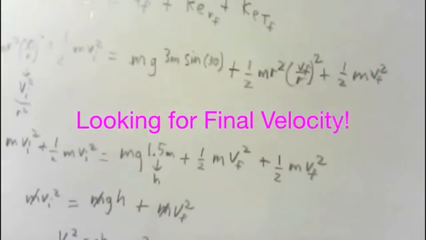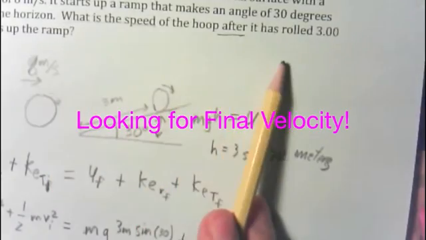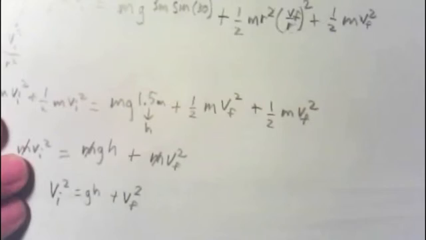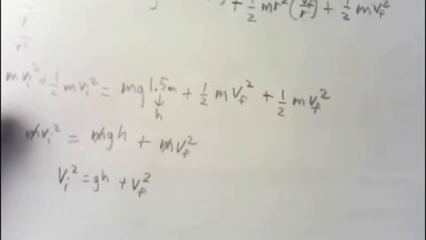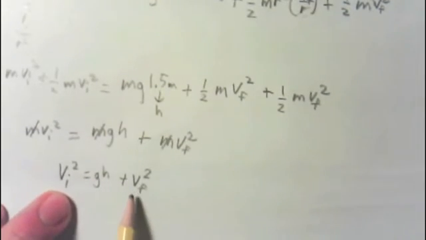Looking for again, we want to know what is the speed of the hoop after it has rolled 3 meters up the ramp. So the final velocity of that hoop. Well, good thing they didn't ask us for the rotational velocity because we just spent all this time getting rid of it. Good thing we need to know the translational velocity, which is right here. Even if we had to find the rotational velocity, it wouldn't be a problem.